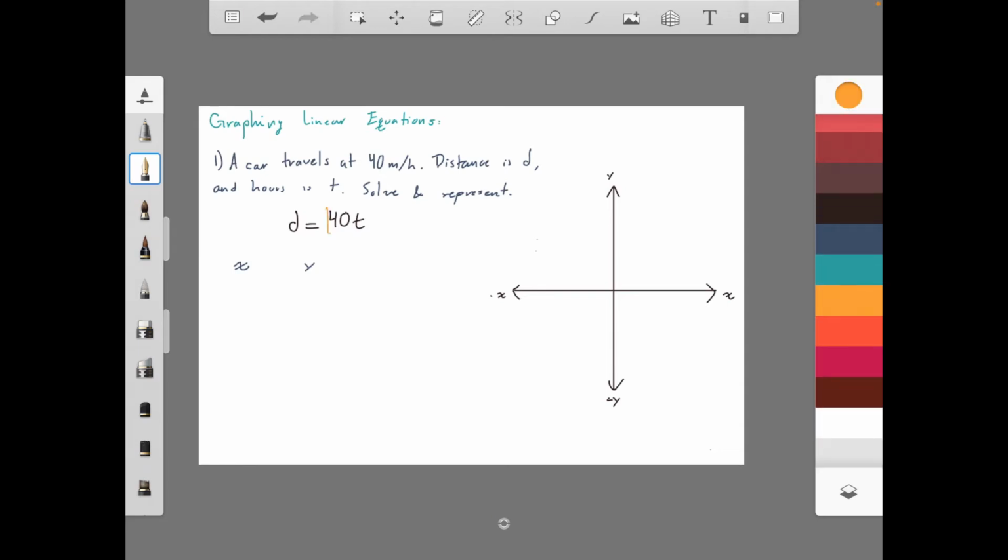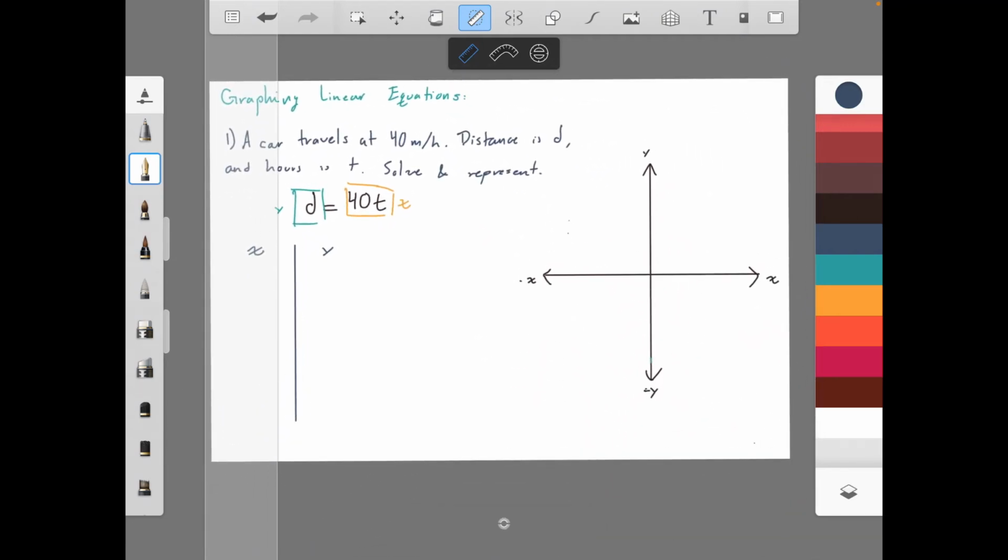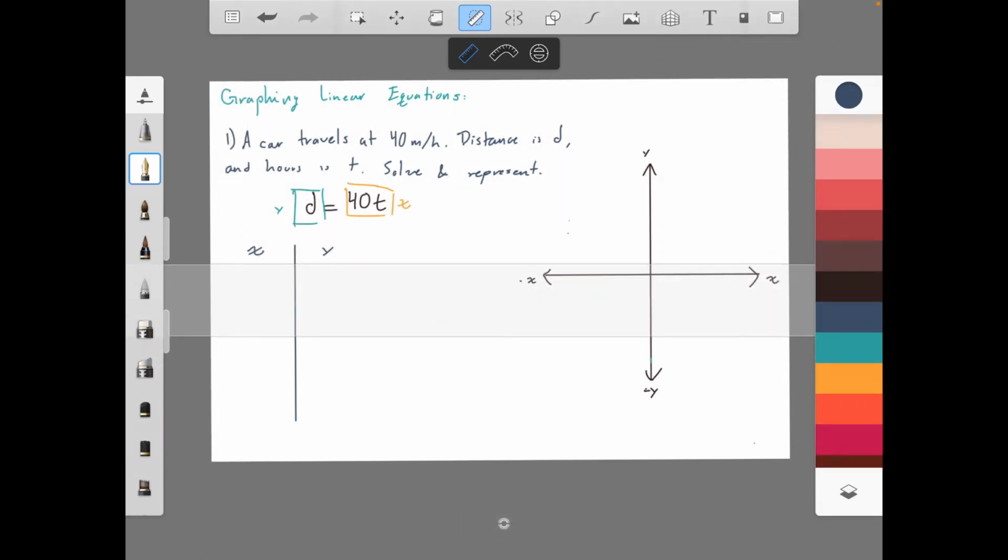Our x is going to be this, and our y is this. Now what we can do is graph these.